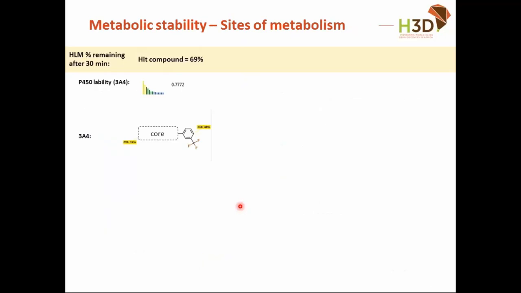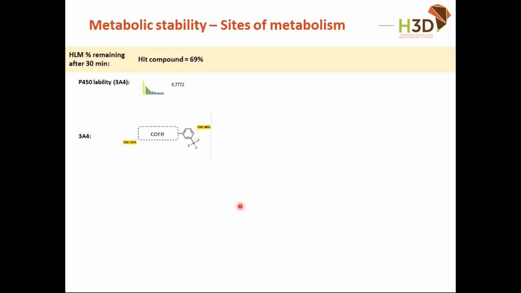So we started the early lead optimization by improving metabolic stability. And when we screened our compound in our assay here in Cape Town, we had only moderate metabolic stability, with only 70% of the compound remaining after 30 minutes.